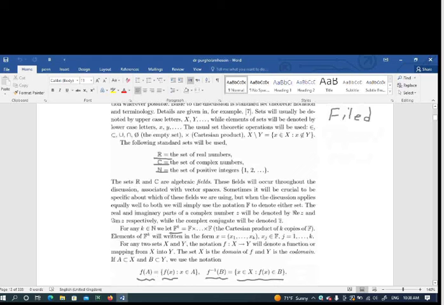In general, we use the notation F, as you see.